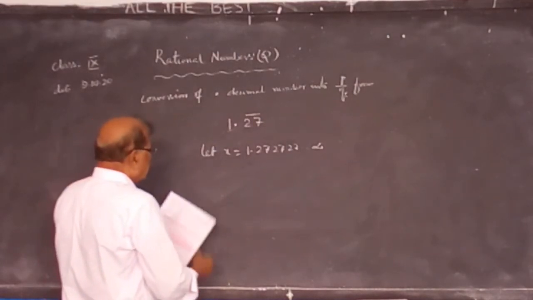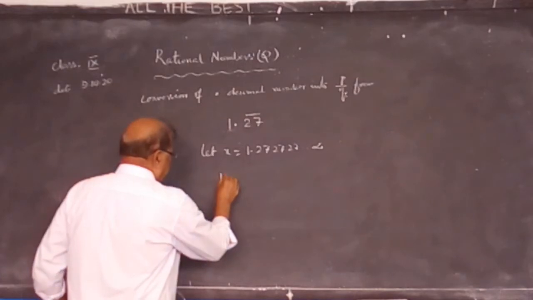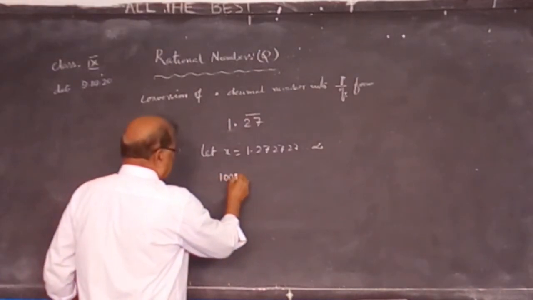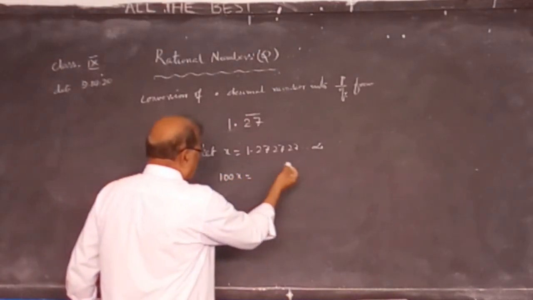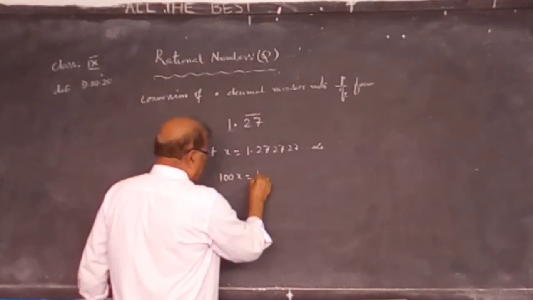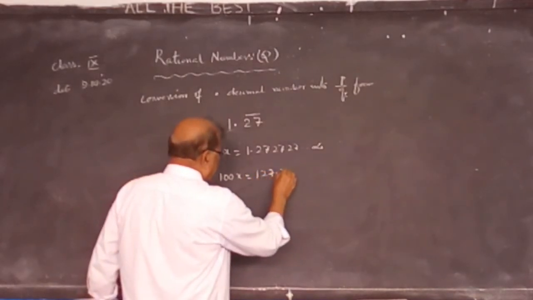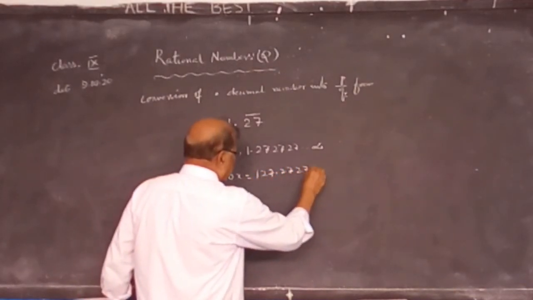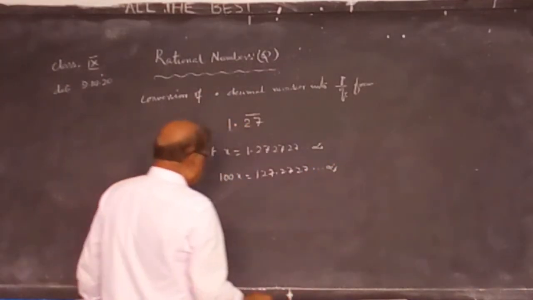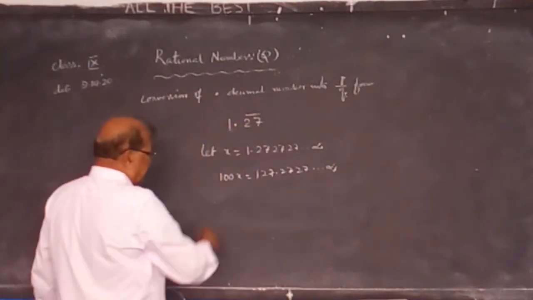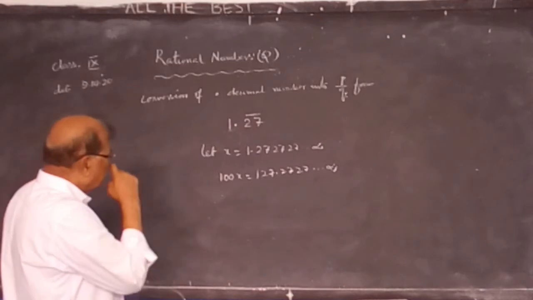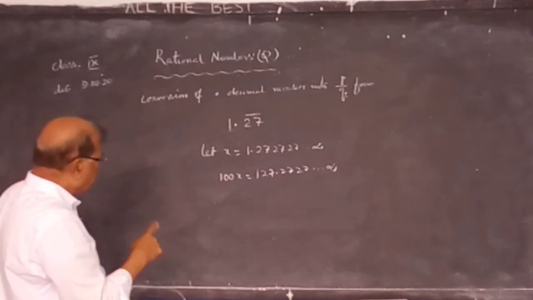Multiply with 100, what do you get? 100x is equal to 127.2727 up to infinity. So we multiply both sides with 100.